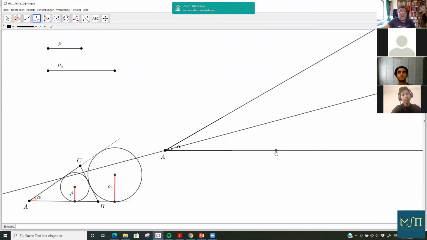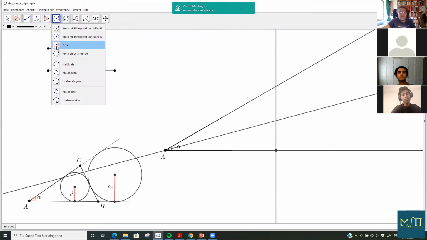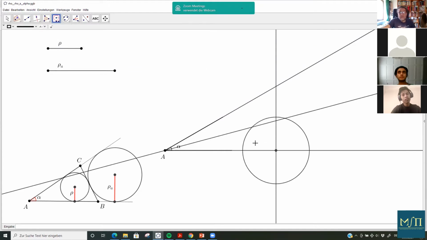Then, as we did with the previous construction, we construct the perpendicular. On the perpendicular, we can simply use the compass to transfer the in radius up here. We get the point of intersection right here.